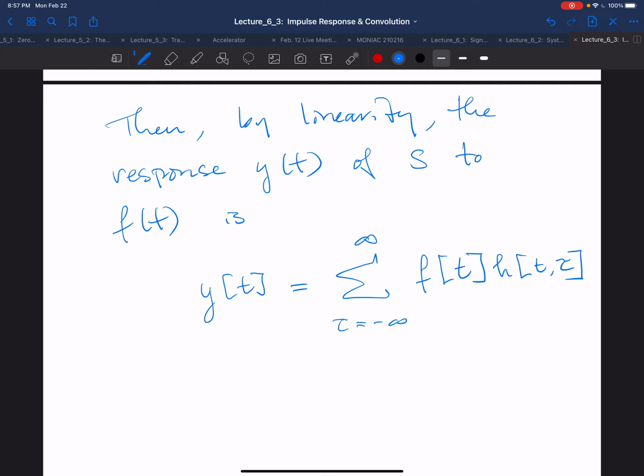Okay. That's just by the principle of superposition. So that is something that we get from linearity. But what about this other property that we've assumed, namely time invariance?